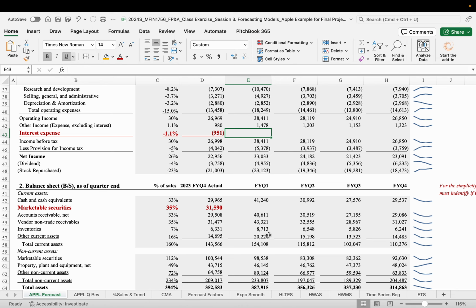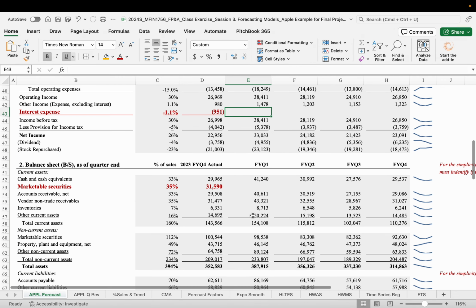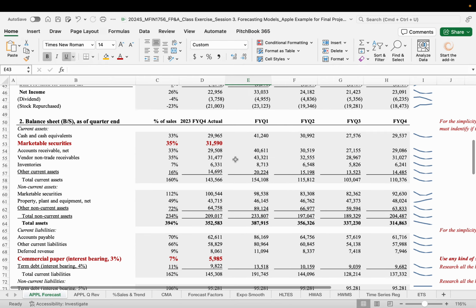So here, for example, now how they link or how they find the interest-bearing liabilities, short-term and long-term liability, is from the prior quarter, and then we link to the assumption part, right?